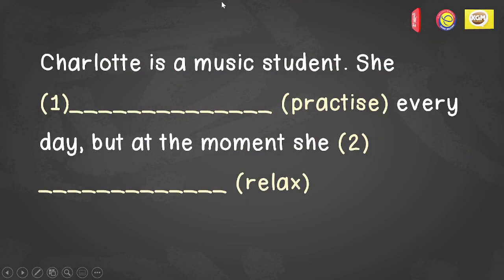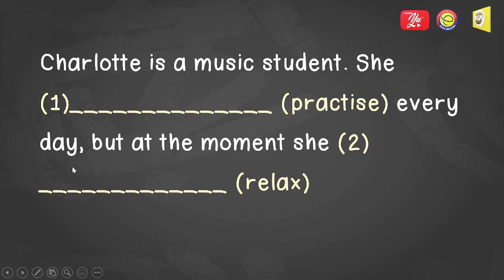Number 1. Charlotte is a music student. She every day, but at the moment she. So what is the answer for number 1? There's a clue over here. The phrase every day.